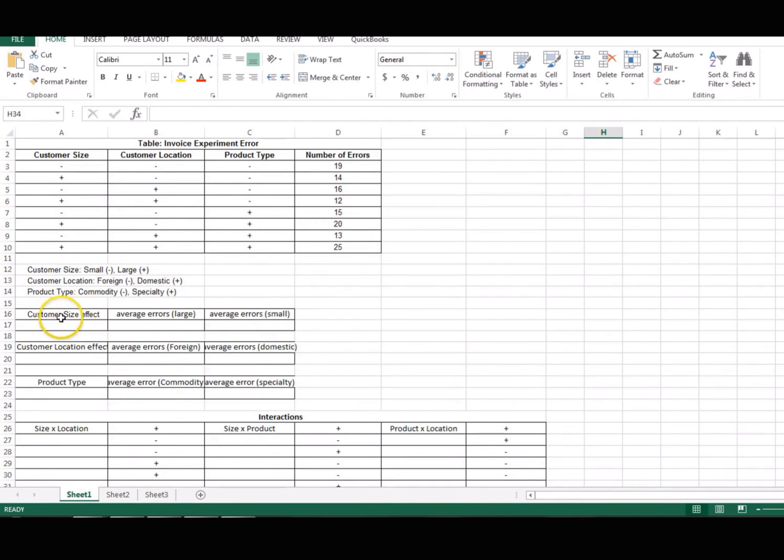It's quite easy. The first thing you want to do is when you look at average errors large for customer size effect. So I'm looking at customer size effect. For large, I'm looking at the positives. So I'm going to highlight this for you for a moment. Just look here where I'm highlighting.